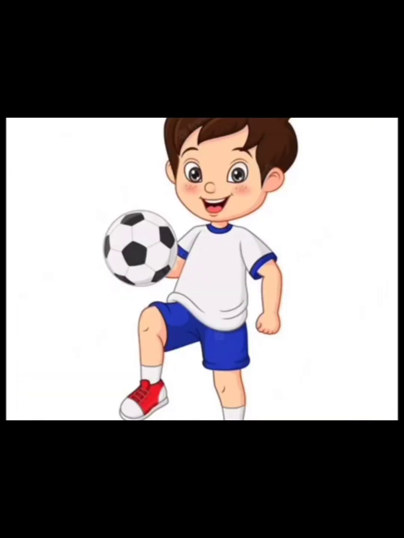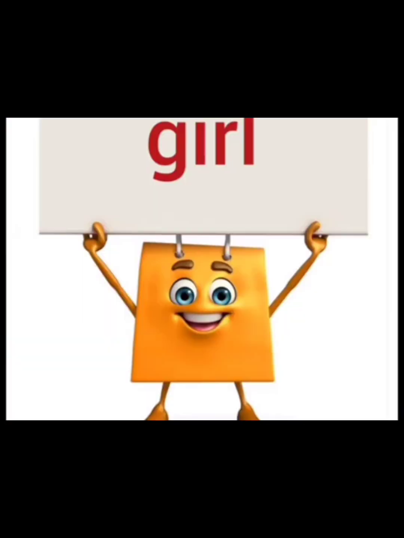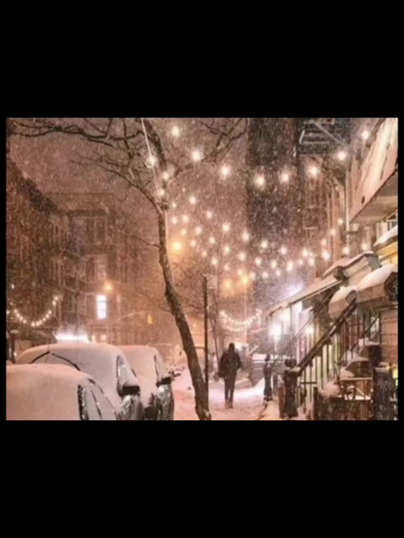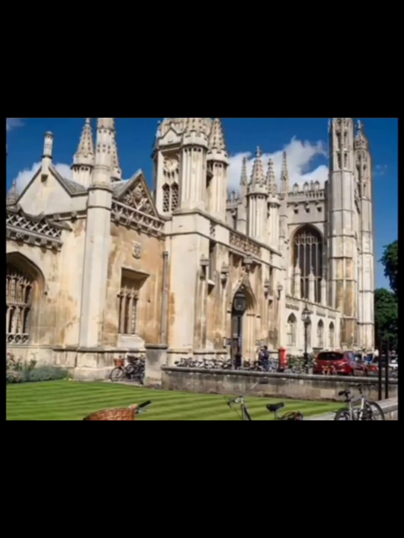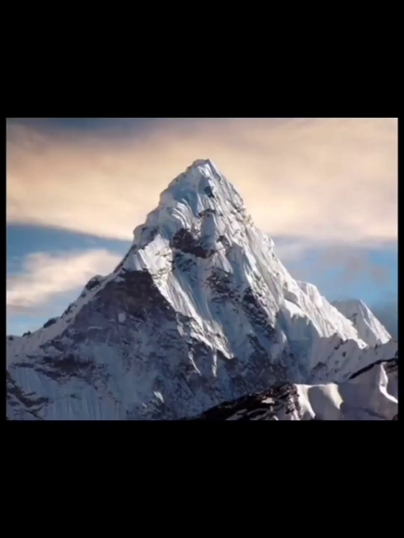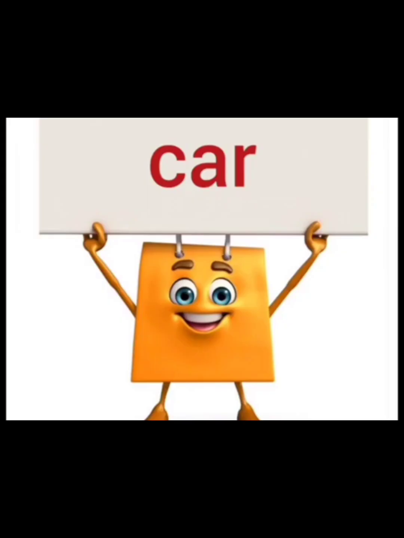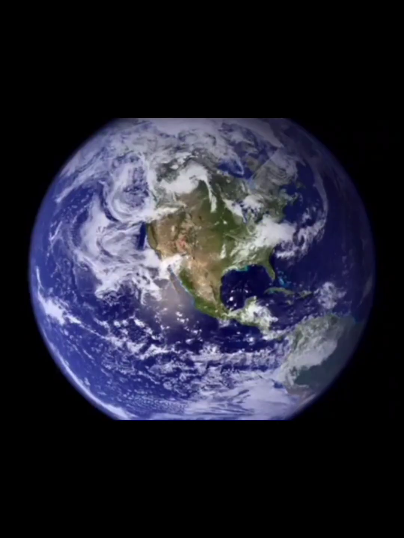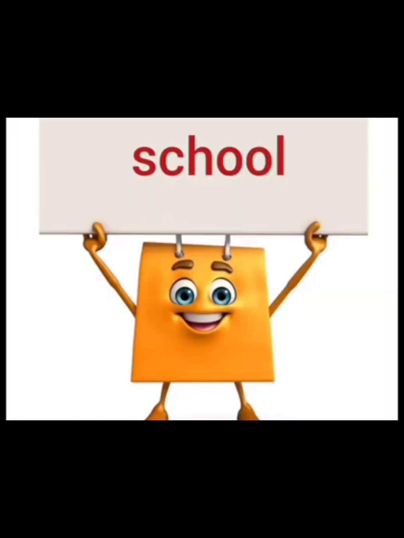For example, Ali, boy; Sarah, girl; Indus, river; Australia, country; winter, season; goosebumps, movie; Harry Potter, book; January, month; Thursday, day; Cambridge, university; Disneyland, theme park; Charlie, actor; Mount Everest, mountain; Lamborghini, car; Samsung, mobile; Kim Tae-young, singer; Earth, planet; Hogwarts, school; Doraemon, cartoon; Allama Iqbal, poet.